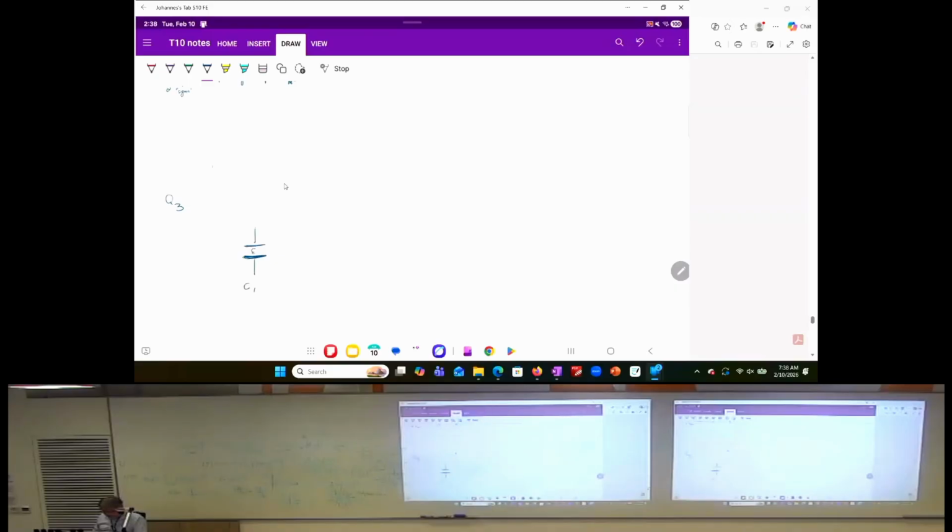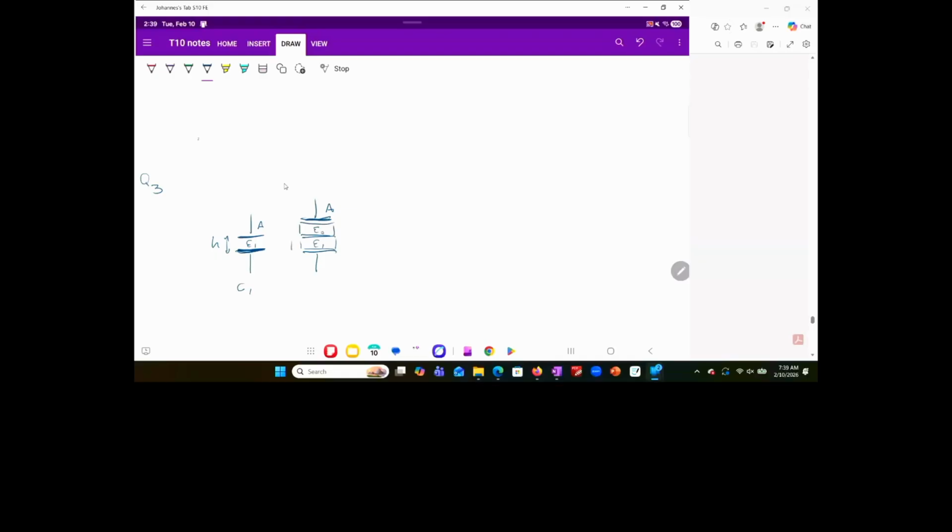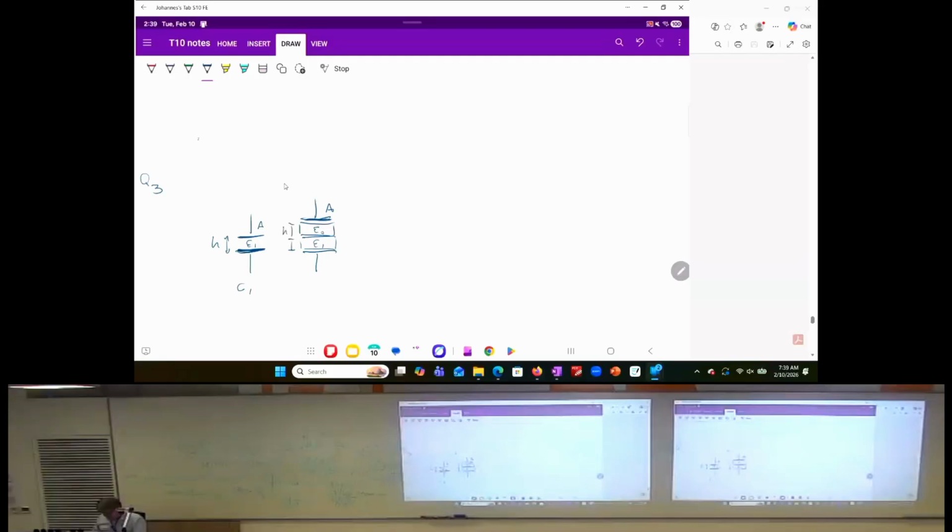It has a dielectric epsilon 1, a height H, and electrode surface area A. The other one is also a parallel plate capacitor with electrode size A, filled with a dielectric material of permittivity epsilon 1, and the other one up there epsilon 2, and the height is H for each of them.